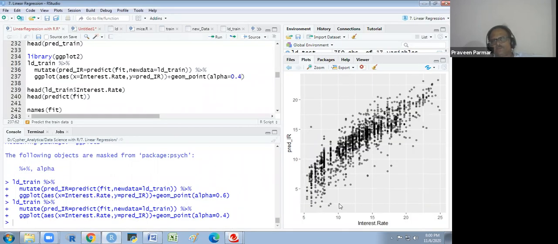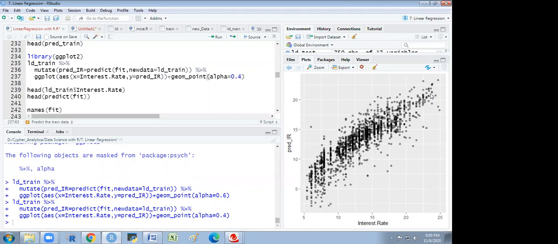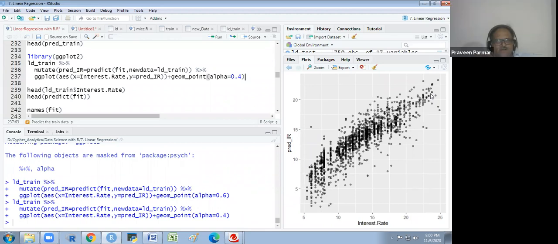Okay. So why have I figured it out? Because I see that if the interest rate is increasing in my actual data, the predicted interest rate is also increasing, both in the same direction, positively correlated. Got it? Yes, sir. So this gives us some idea how our model is going on, whether it is working in the right direction or not.